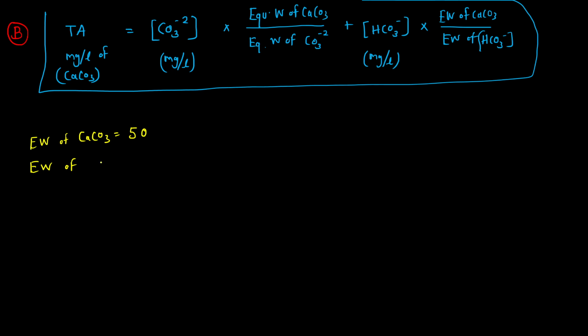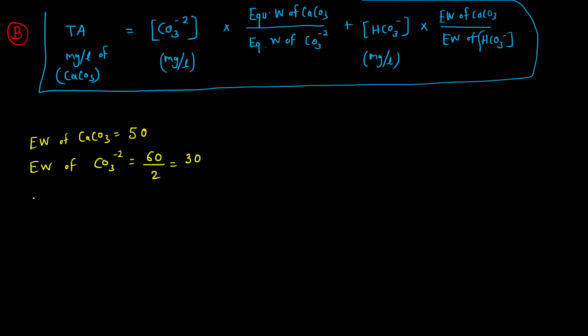Equivalent weight of carbonate ion is equal to molecular weight of carbonate ion. So carbon is 12 and oxygen is 16. 12 plus 16 into 3, that is 12 plus 48, it is 60, divided by valency 2, so it will be 30.